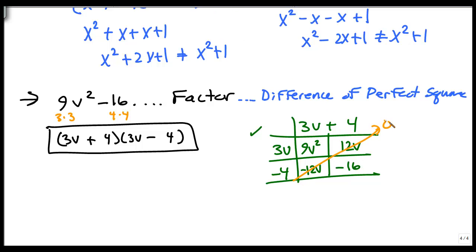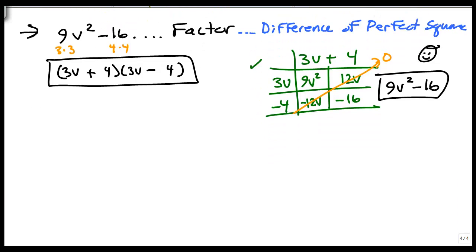Negative 12v plus 12v goes to 0. I'm left with 9v squared minus 16. And that matches my solution, so I know I have the right answer. So again, I think I've said this a few times, but you should not miss any of these on a test, because you should be able to check every single one of these problems before you submit them.